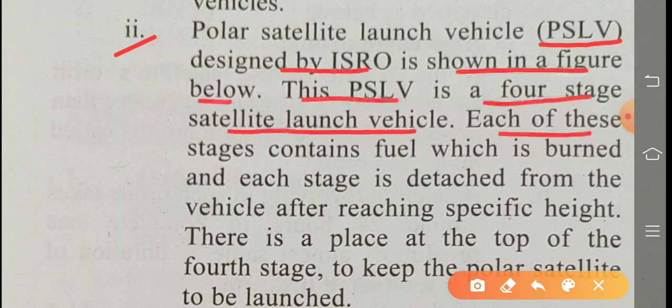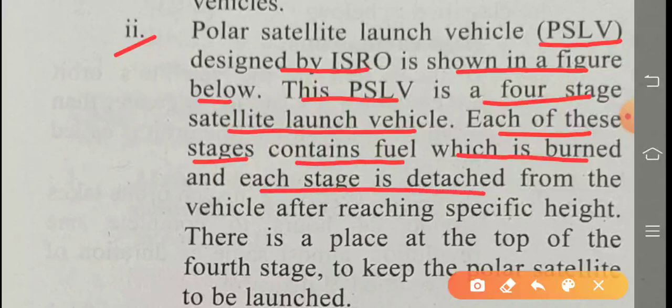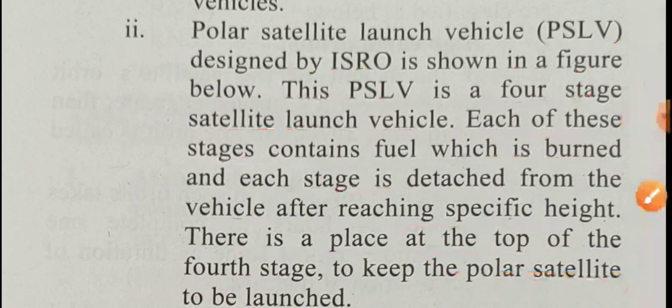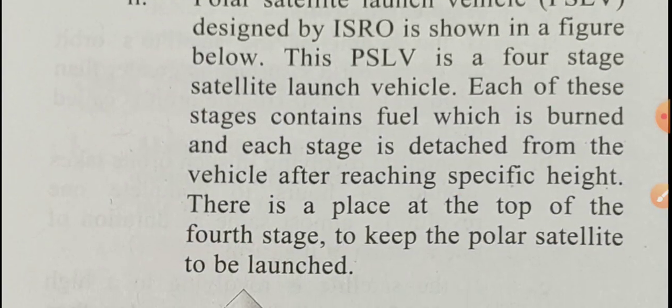Each of these stages contains fuel which is burned, and each stage is detached, that is separated from the vehicle after reaching a specific height. There is a place at the top of the fourth stage to keep the polar satellite to be launched.